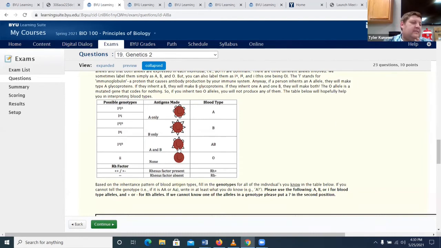Still, we're going to see a monohybrid cross with that, things like that, but it's going to end up with a halfway there phenotype, not a both present phenotype like we see in codominance. All right. Any questions on genetics 2 or 3 at this point?